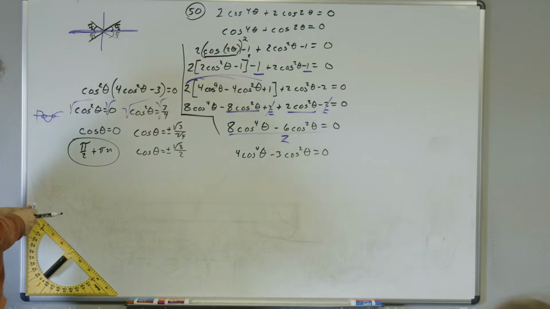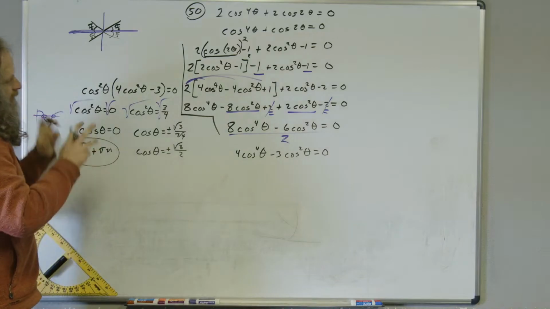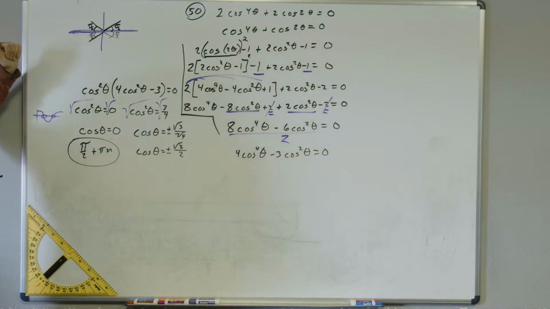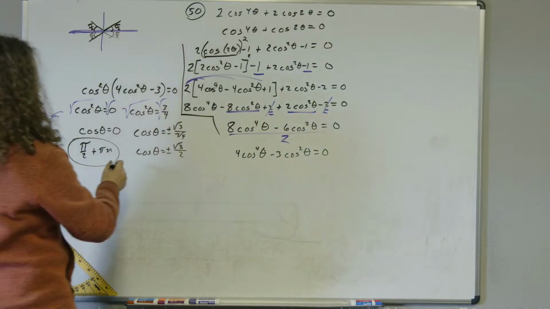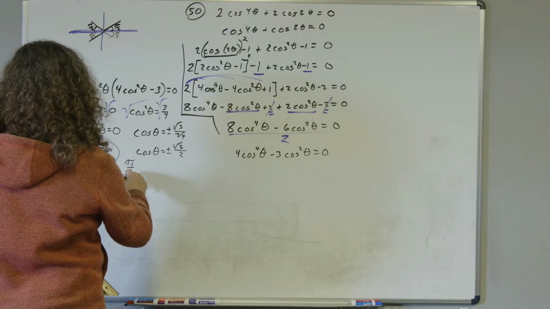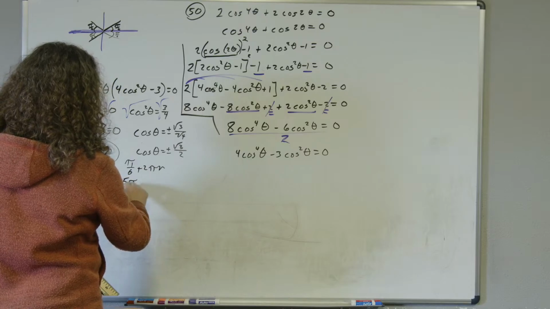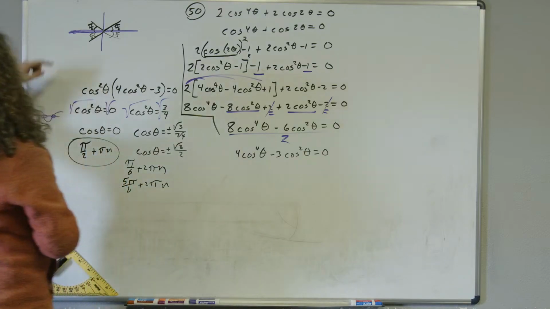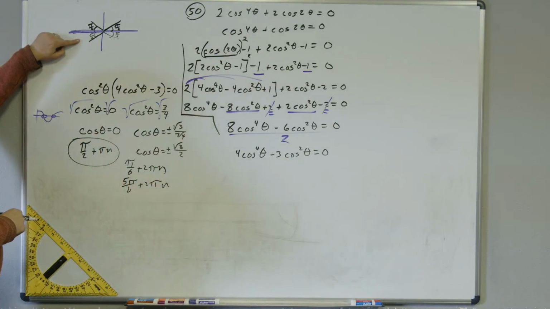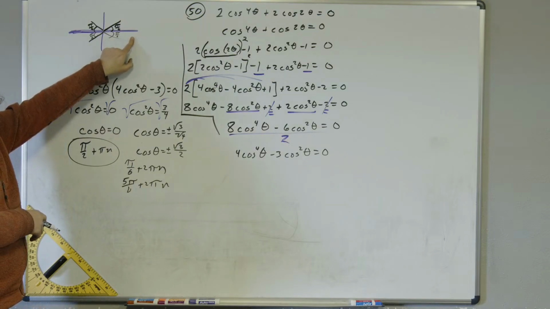So if I was doing this on the test, they do a shorthand of adding 2/3. You could also write pi over 6 plus 2 pi n, and 5 pi over 6 plus 2 pi n, those are n's, plus 7 pi over 6 plus 2 pi n, and 11 pi over 6 plus 2 pi n.